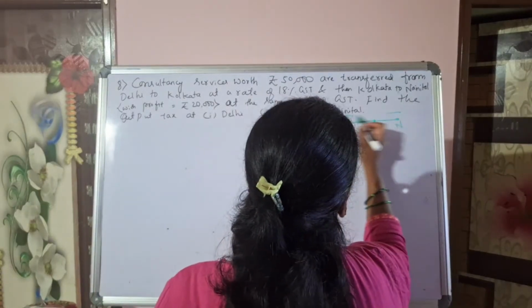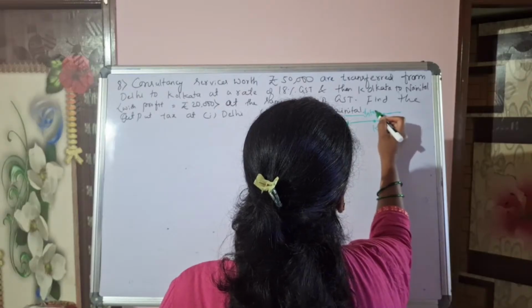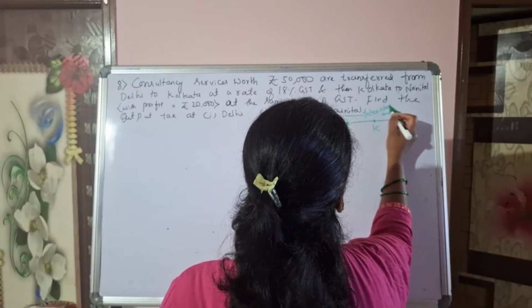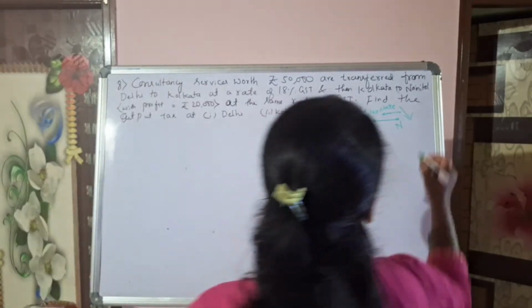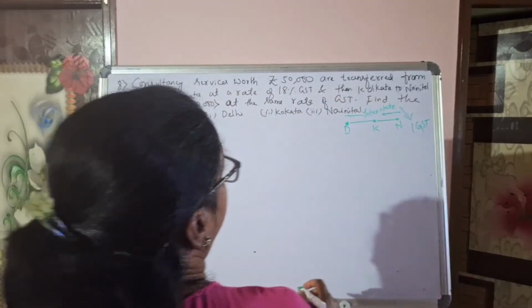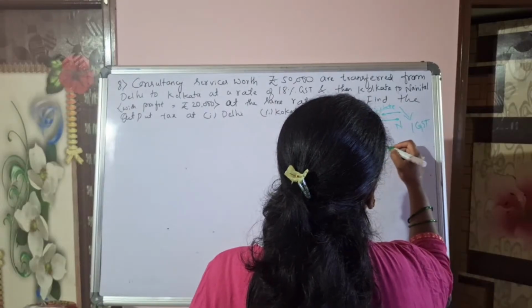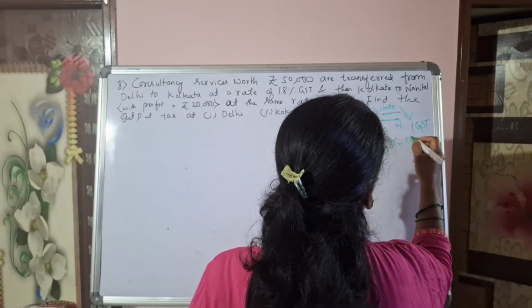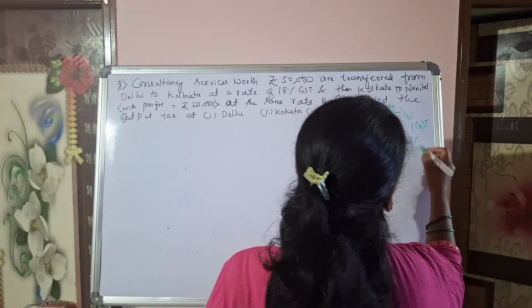Here, all the transactions are interstate only. Then the tax applicable is only IGST. Here CGST is not applicable. That means if GST is equal to 18% means IGST is also 18%.